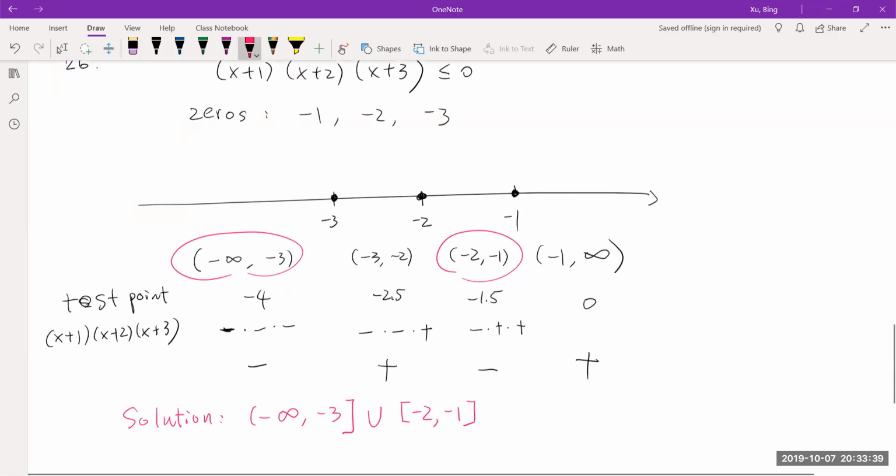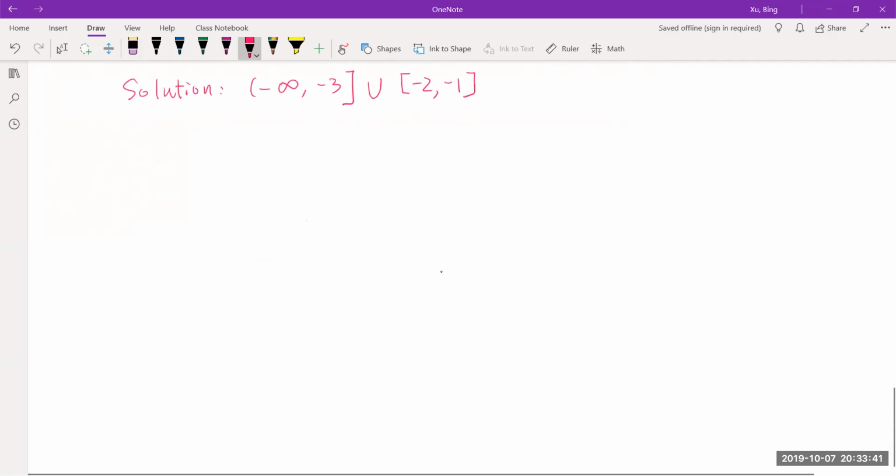Right. So next, number 34. So far we talked about how to solve a polynomial inequality. How about a rational inequality like number 34?